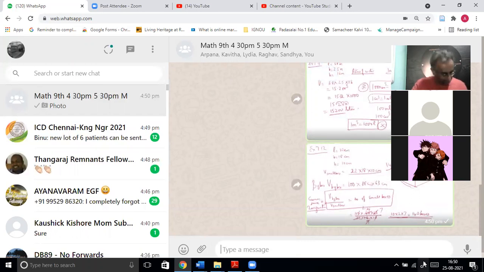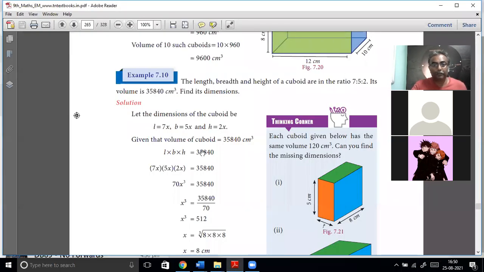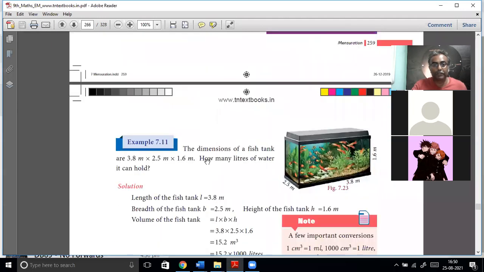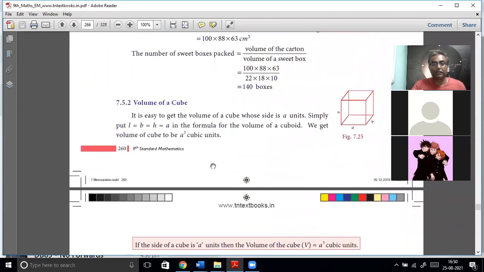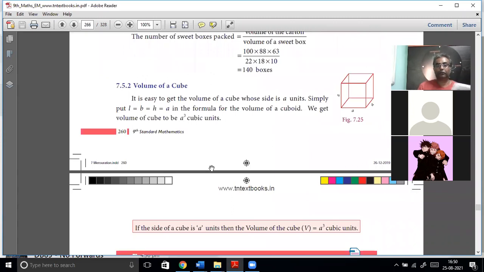Then volume of a cube, now we have to find out. We finished volume of cuboid examples. Now let us take cube examples. It's easy to get the volume of a cube whose side is A units. Simply put L, B, H equal to A, that's all. The surface area we also found the same way.